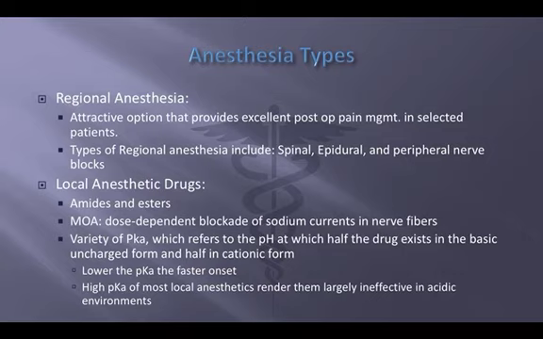Whatever that means, the lower the pKa, the faster the onset. Most of these have a high pKa, and it renders them largely ineffective in acidic environments. So taking your local and injecting it into the acidic environment of an abscess cavity will not provide any pain relief, and the patient will not like you if that's the only place that you injected them.